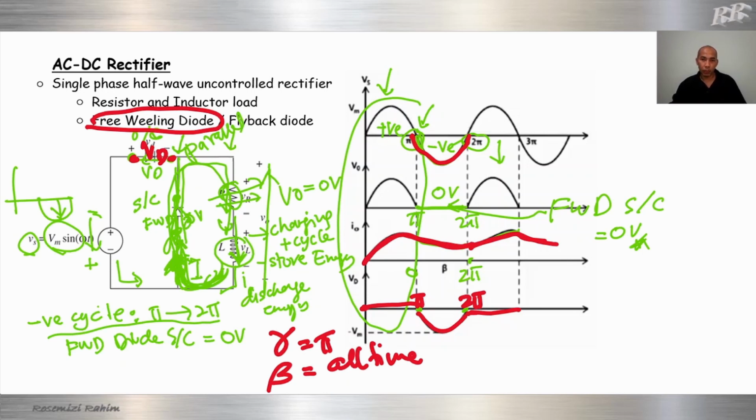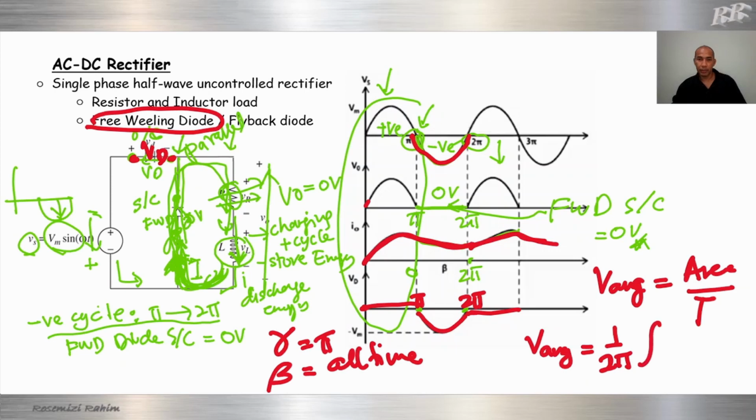So our output V average is equal to the area divided by the period T. We get V average equal to 1 over 2 pi, times the area from 0 to pi of Vm sine omega t d omega t.